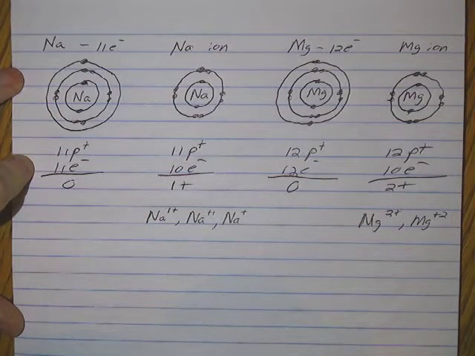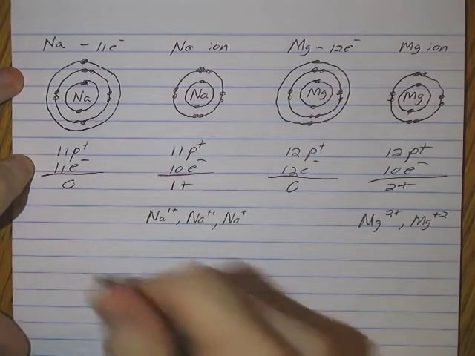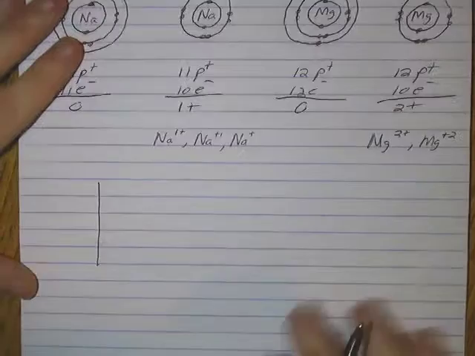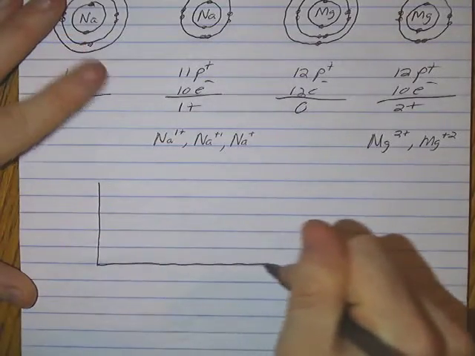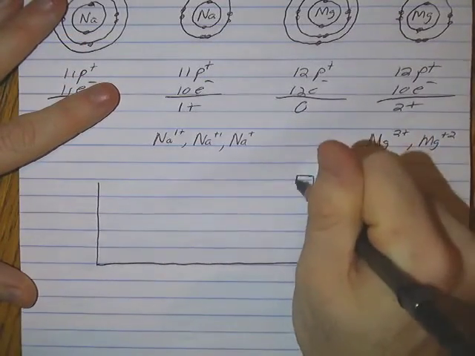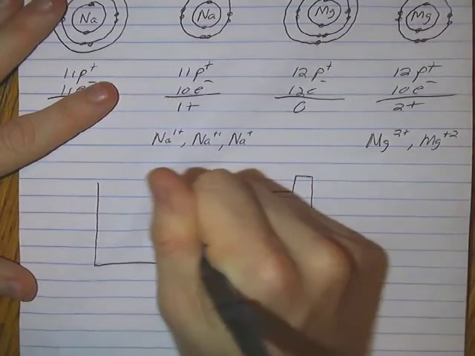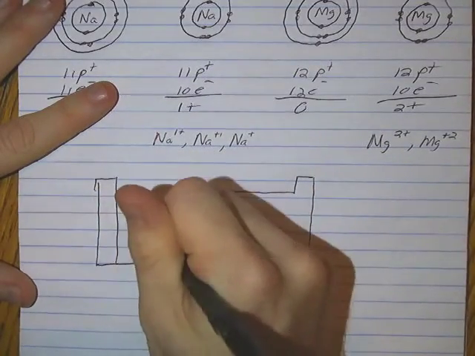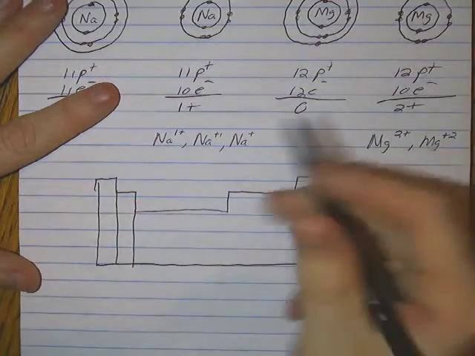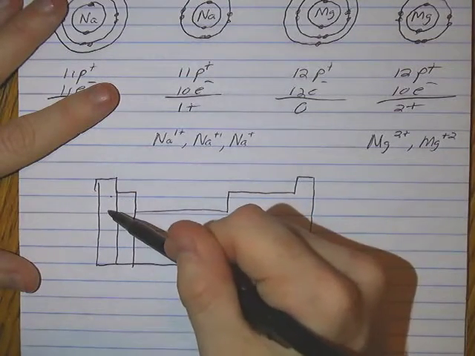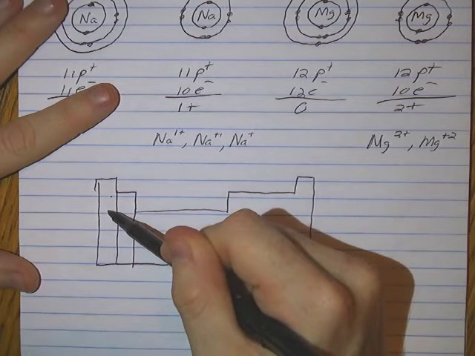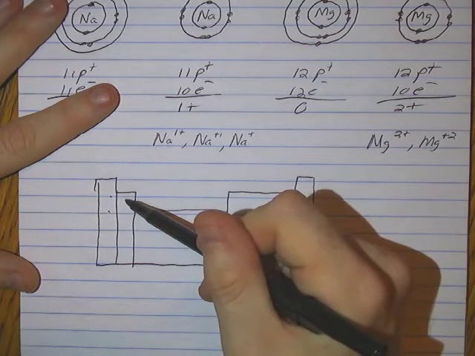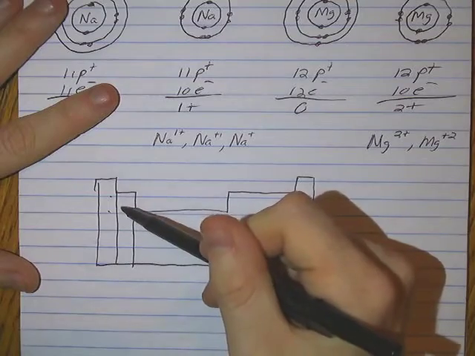So I wanted you to understand a pattern here. If you look at the periodic table, excuse the terrible drawing. If you noticed, lithium and sodium both had a +1 charge. We had magnesium and beryllium with a +2 charge.